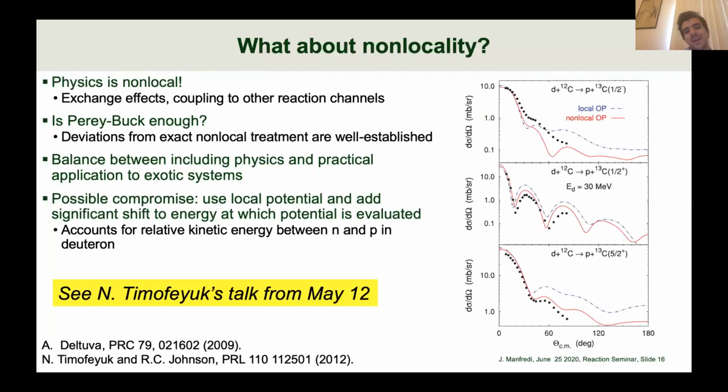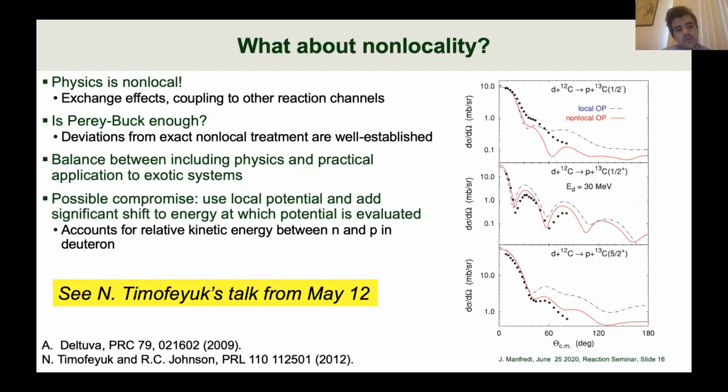But of course, if you want to take into account non-locality exactly, you're going to have some problems because that's pretty hard to do. So you have to balance between including the actual physics and a practical application if you're interested in studying these rare isotopes. There was some interesting work in recent years by Timofeyuk and collaborators who basically suggested that you can use the local potential and add a shift to the energy at which you actually evaluate that potential, rather than the standard deuteron energy divided by 2.